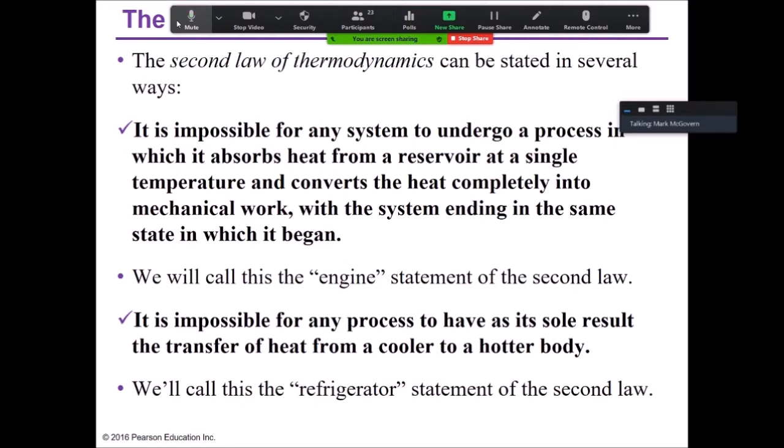Okay? And a similar statement is: it is impossible for any process to have as its sole result the transfer of heat from a colder to a hotter body. Well, that's the refrigerator statement of it, but it is equivalent to the engine statement, which is the one up top. Okay, so let's look into this because it may not be entirely clear why this is the case, right? So let's do that.